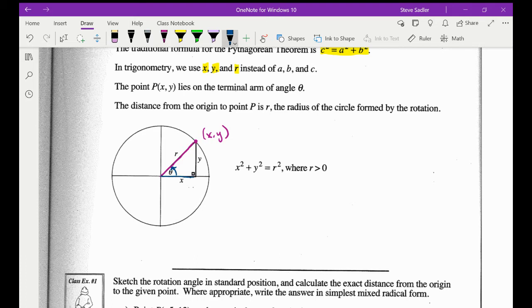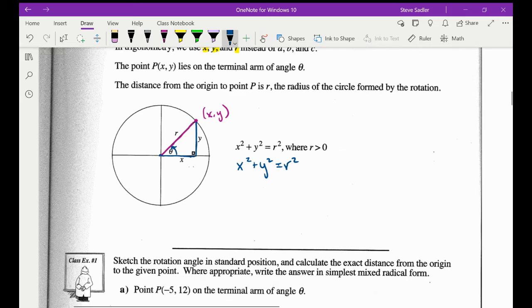So we've got the x component and the y component. It's a right angle triangle. So if we wanted to find the value of r, or the distance from the origin to the point up there, we could say x squared plus y squared is equal to r squared. That's the Pythagorean theorem. We're going to be using that in the next couple of pages here.